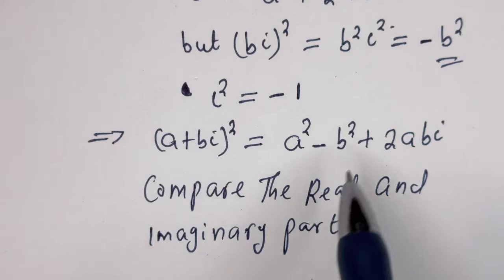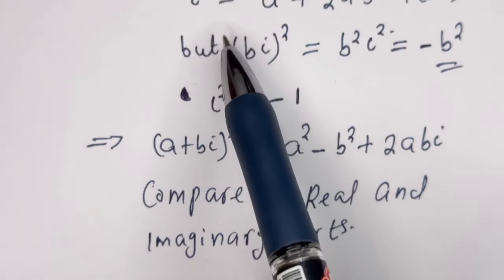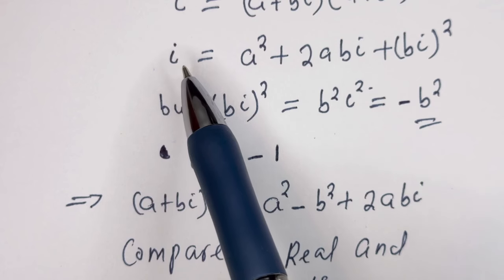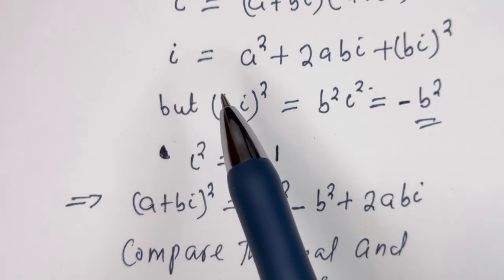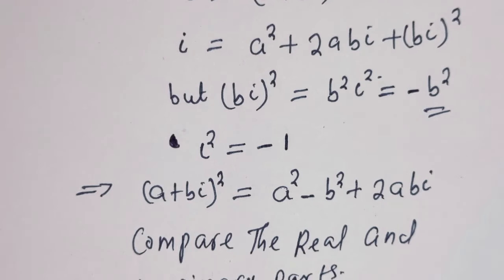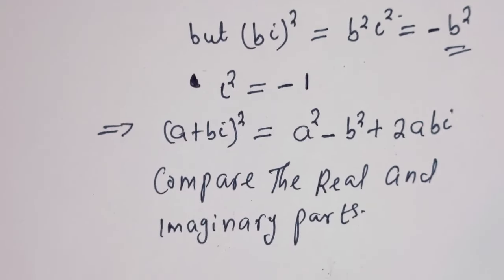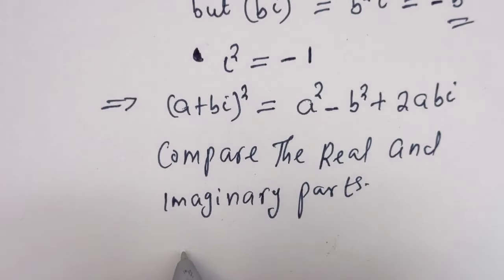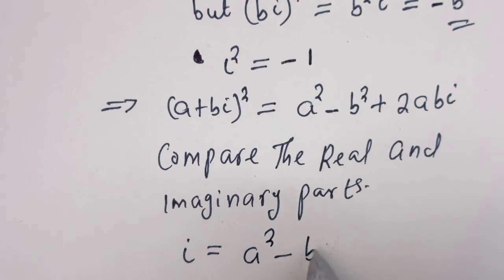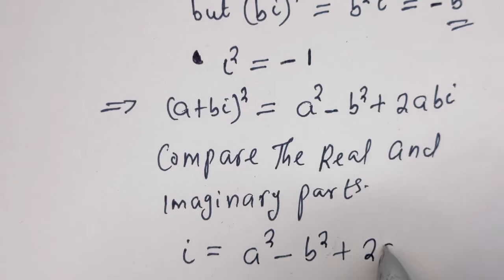Now we know that i is purely the imaginary part, which means that the real part is 0. Then i is equal to a squared minus b squared plus 2ab.